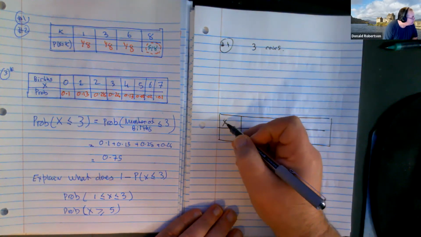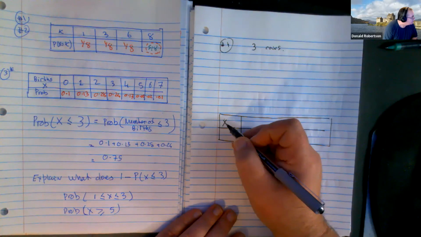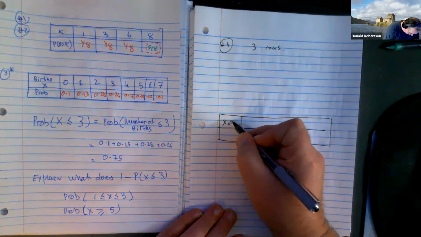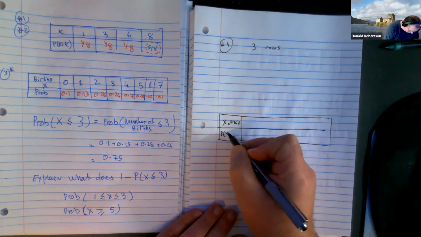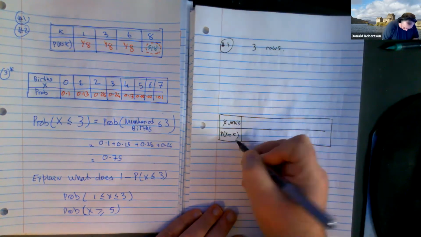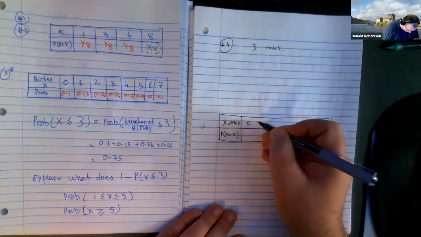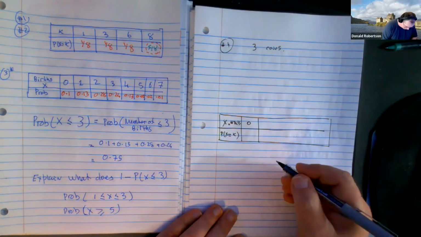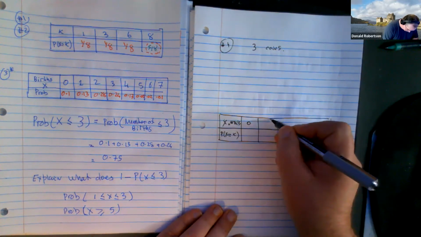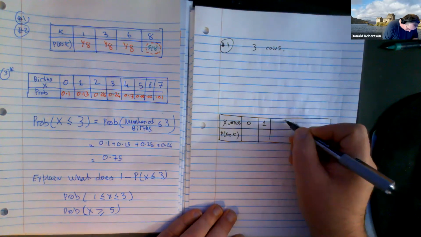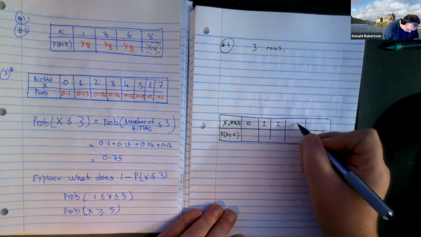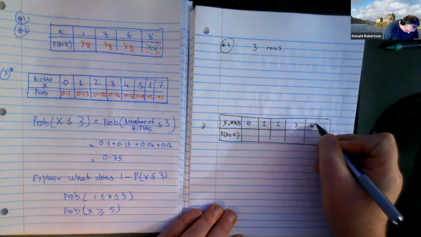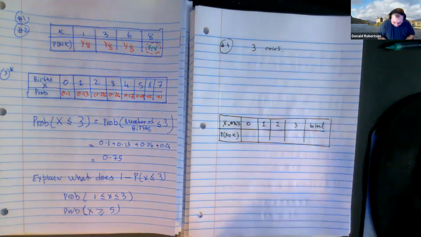What's X going to be? X is the number of tails. And then this is going to be the probability that X equals K. That's just the way they write it. So if you do it, you could have 3 coins and you throw them in there and you don't get any tails. You might get 1 tail, you might get 2 tails, and you might get 3 tails. And I'll put a total in to make sure I got it right.